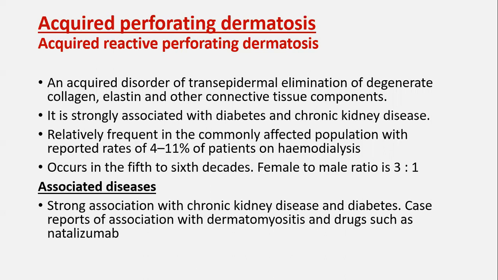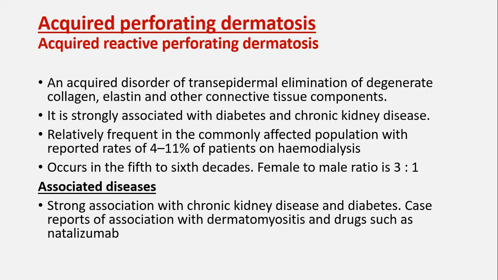It is an acquired disorder of transepidermal elimination of degenerated collagen, elastin, and other connective tissue components. It is strongly associated with diabetes and chronic renal failure. It is relatively frequent in commonly affected populations, with reported rates of 4 to 11% of patients on hemodialysis.